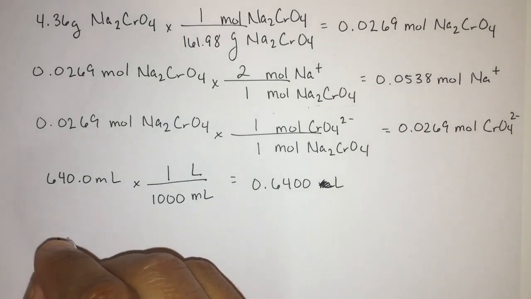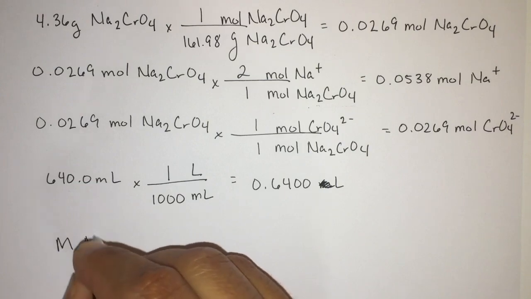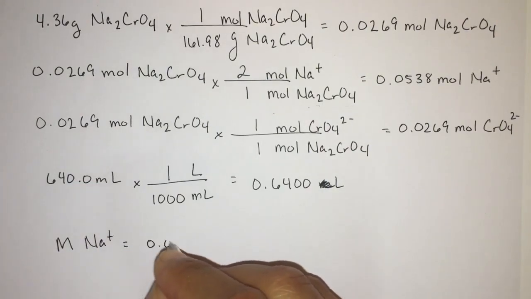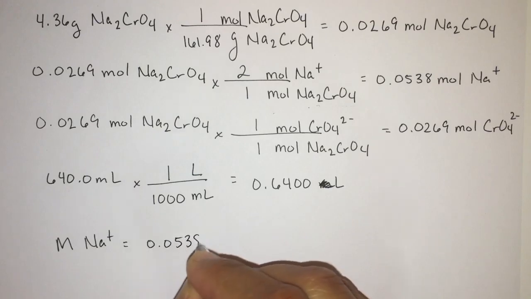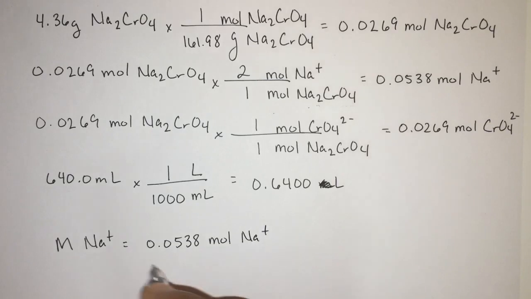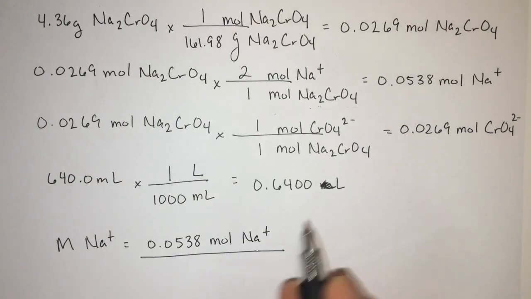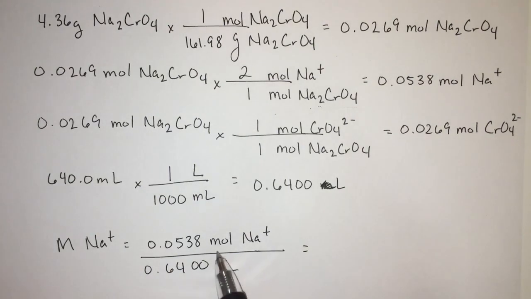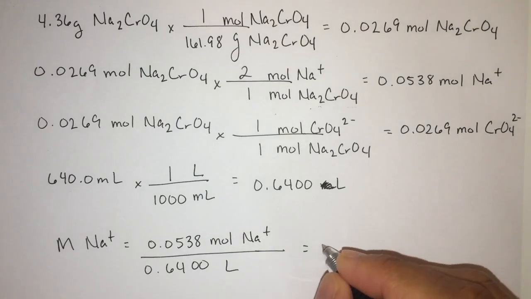So the molarity of our sodium ion is the mole of the sodium ion divided by the volume of the solution. Check those units. Mole per liter for sodium.